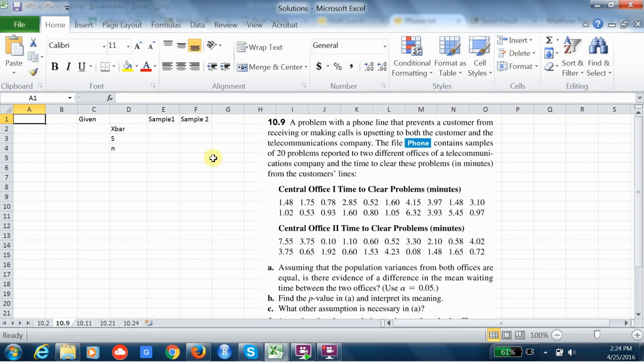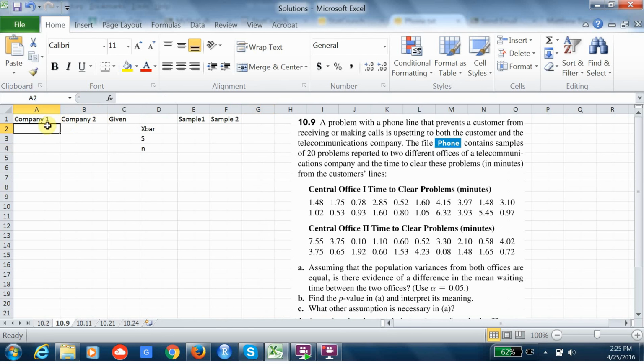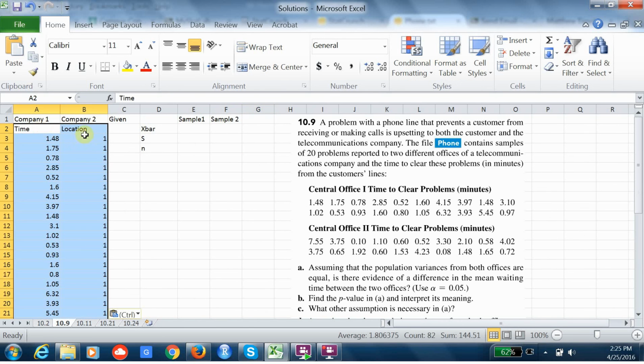This is going to be a little awkward. So I'm going to do this: company 1 and company 2, and then we'll paste this.